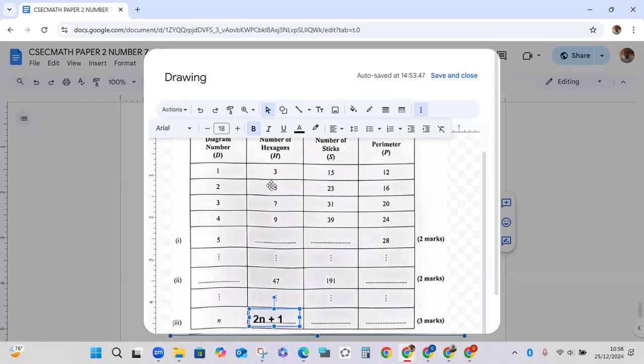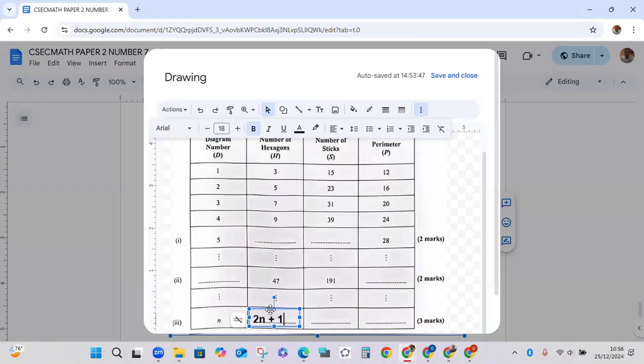Each subsequent number of hexagons is increasing by 2. And 1 now is like the y-intercept, what it started with. So it's like a linear equation, like a straight line, mx plus c. Now you can test it. n is the diagram number. So 2 1s are 2, plus 1 is 3. 2 2s are 4, plus 1 is 5.